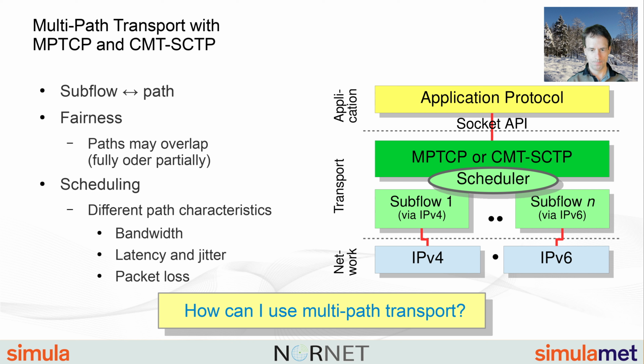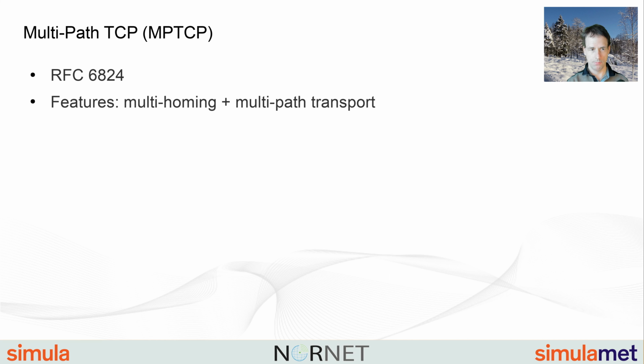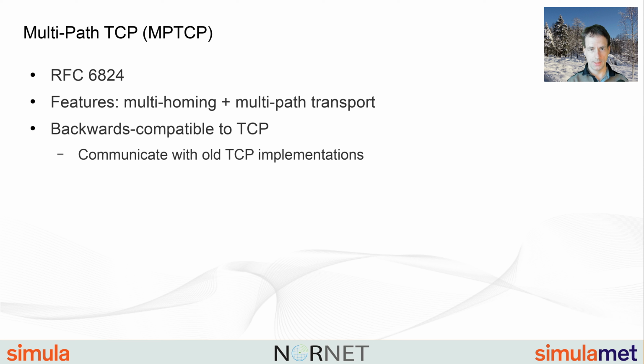Well, let us look at how you can use MPTCP as an example. You can do the same, of course, with CMT-SCTP as well, but in this case I will just introduce you to some more details about MPTCP. MPTCP itself, the protocol, is already defined as an RFC, and it provides an extension to bring multi-homing and multipath transport to TCP.